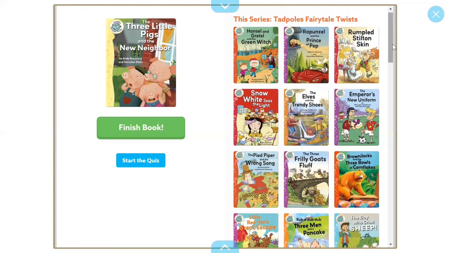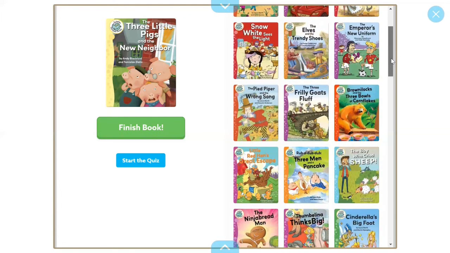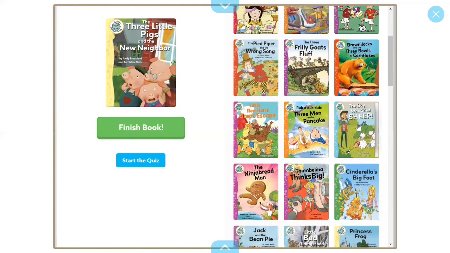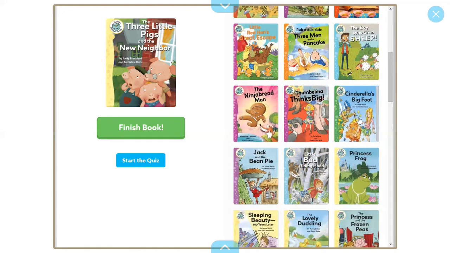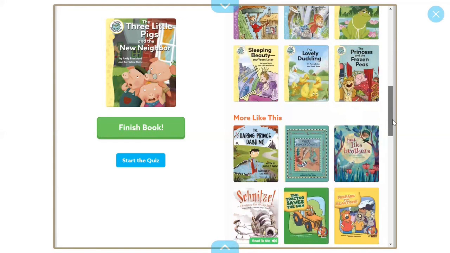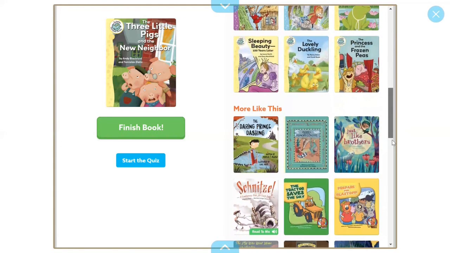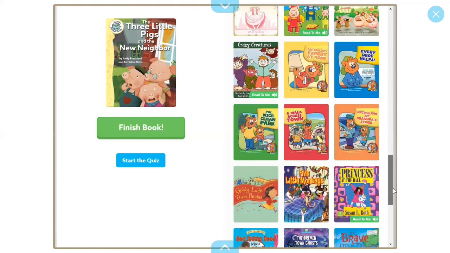There's so many. Let's see, The Boy Who Cried Sheep. So last week we did The Boy Who Cried Wolf, right? So it's about him crying sheep. The Gingerbread Man, Cinderella's Big Foot. So there are so many different ones, okay? So many different fairy tales, so many different books.